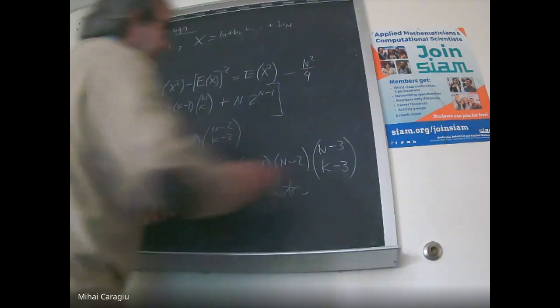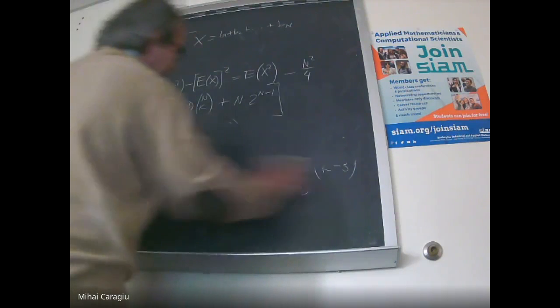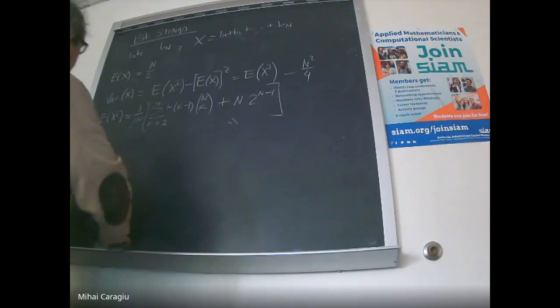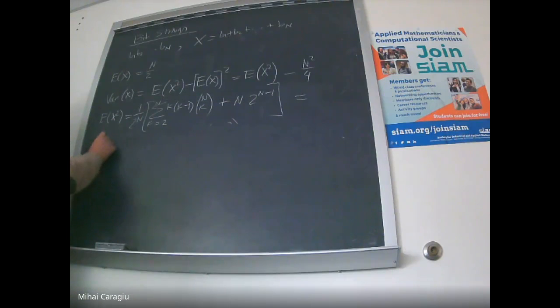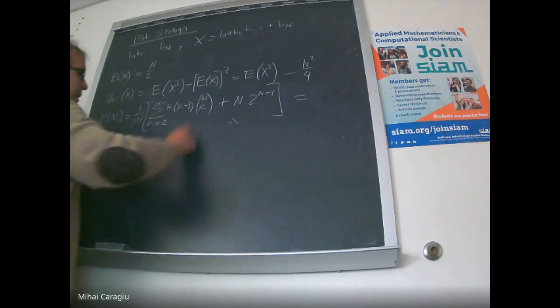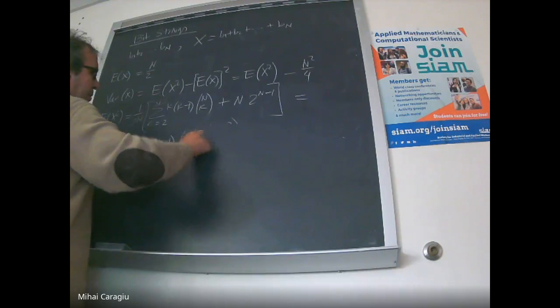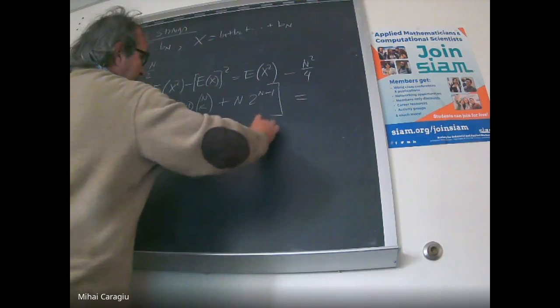Okay, this being said, let's go back to our calculation of the expected value of X squared by using this combinatorial identity. So let's continue here. It equals 1 over 2 to the power n times the summation from k equals 2 up to n of n times n minus 1 times n minus 2 choose k minus 2, plus n times 2 to the power n minus 1.